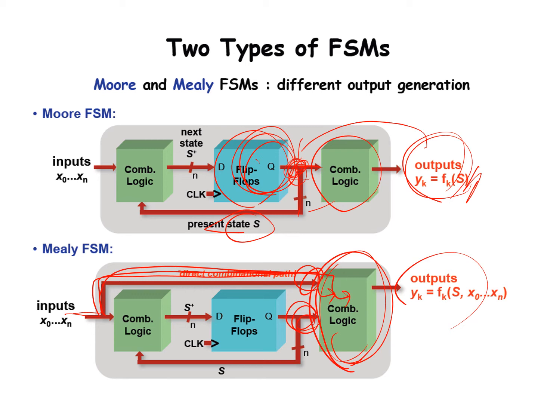This means that even though the state is the same, depending on the input, the output will be different. But for the Moore machine, the output is only determined by the state, meaning even if the input changes, if the input doesn't change the state, the output stays the same.